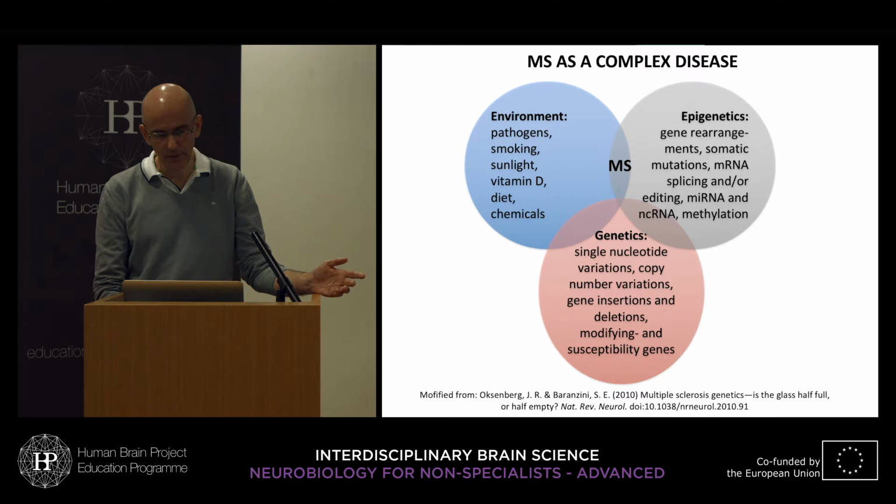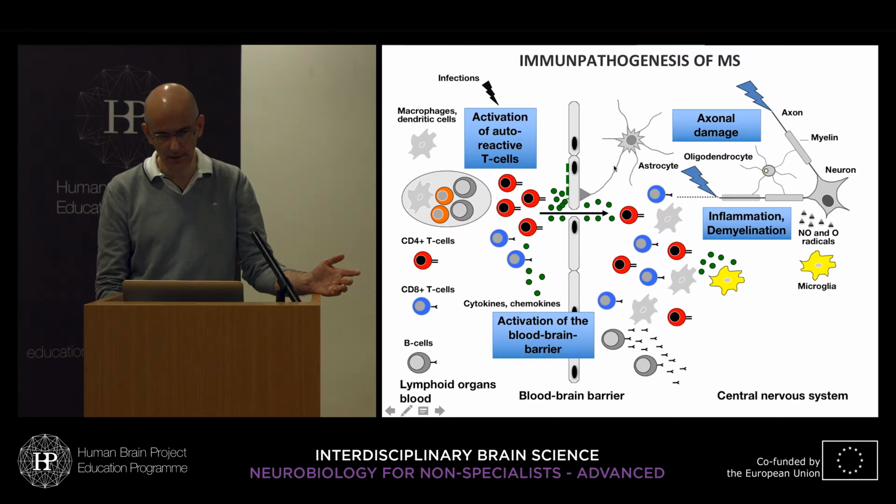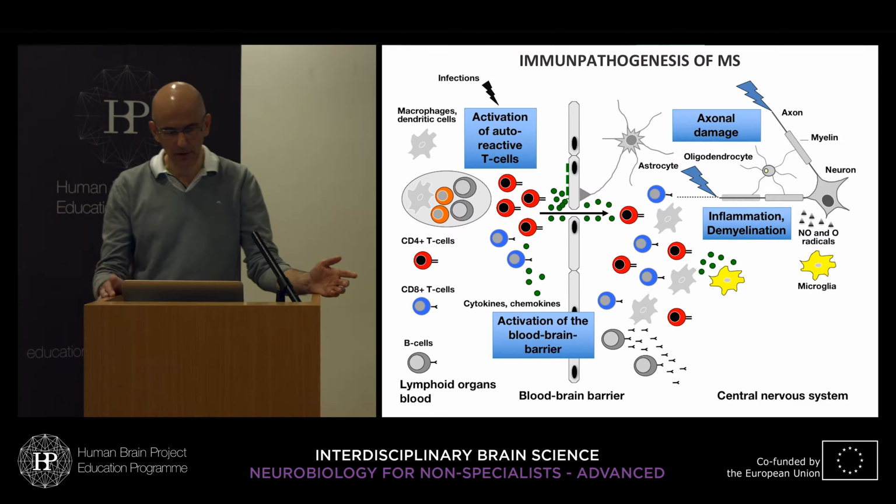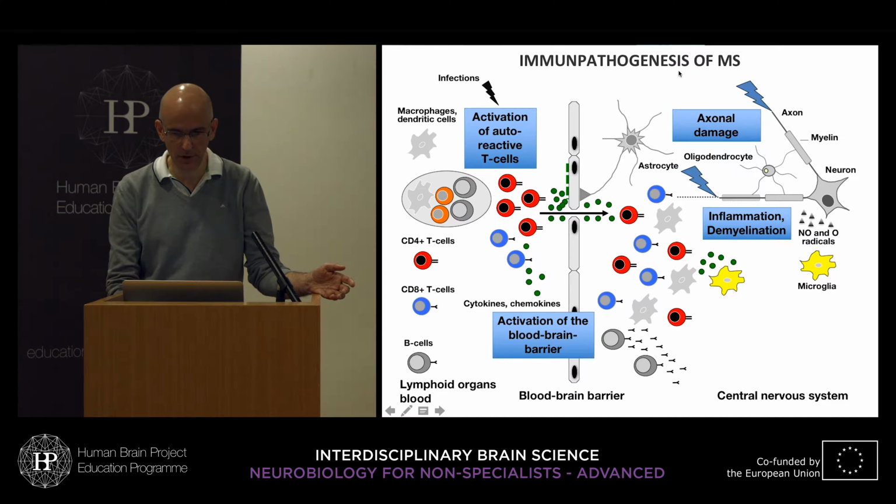And currently we think that MS is a complex disease mediated by environmental factors, pathogens, smoking, sunlight, vitamin D, diet and chemicals, epigenetics and genetics, all of them interacting to increase the susceptibility for multiple sclerosis and modify the disease course.